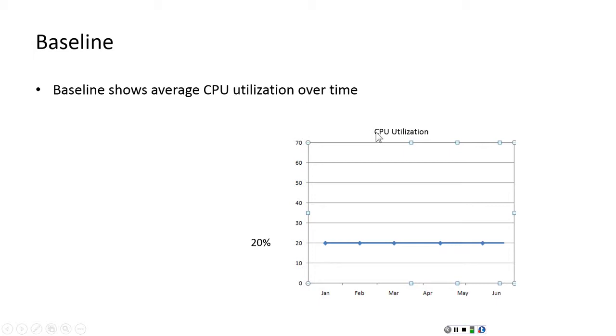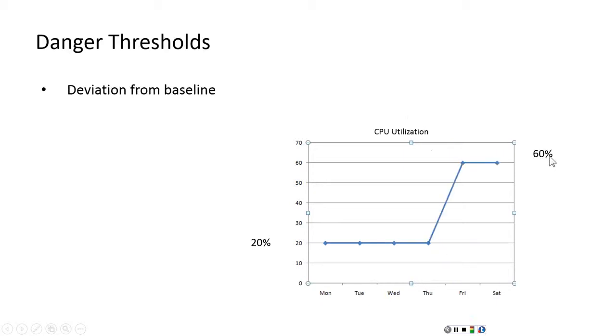And in this example, we can see that CPU utilization for this system is 20% day after day, week after week, month after month. So suppose I were to tell you that CPU utilization were 60%. You might say, well, 85% is the danger threshold, so there's nothing to worry about.